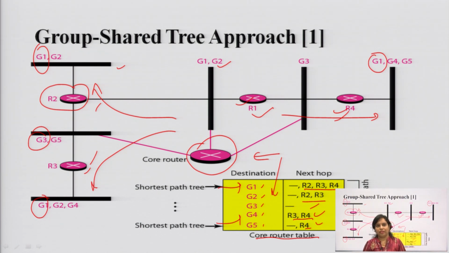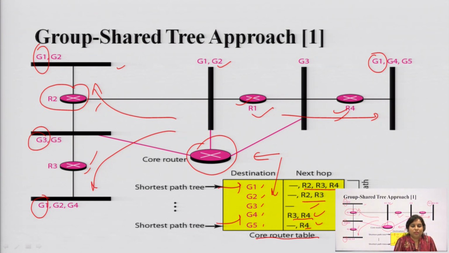This type of table is maintained at the core router, where different routers are connected to a single core network, and this core router will act as the root of this particular network. Now, these different groups, denoted by G1, G2, G3 and G4, all different networks are connected.